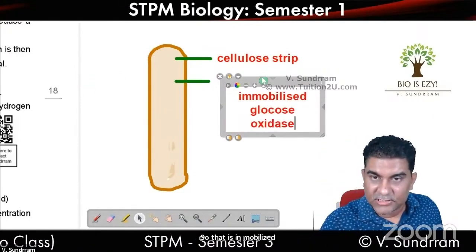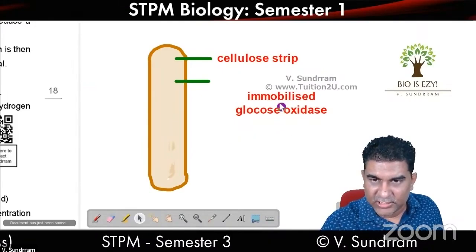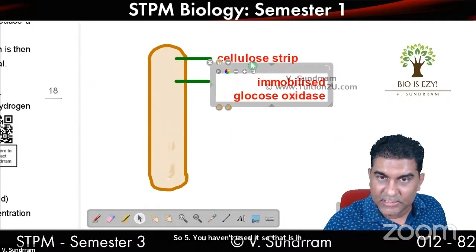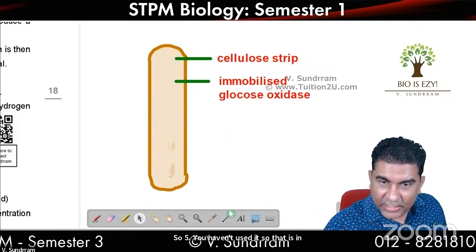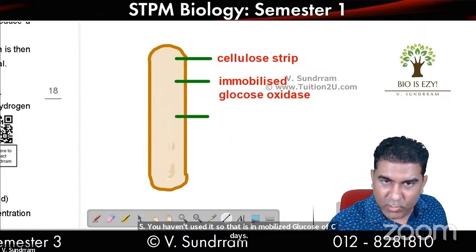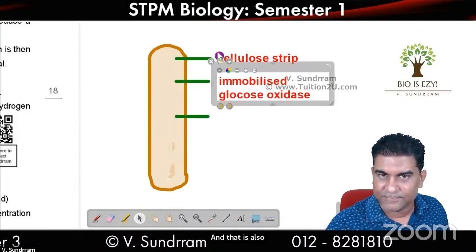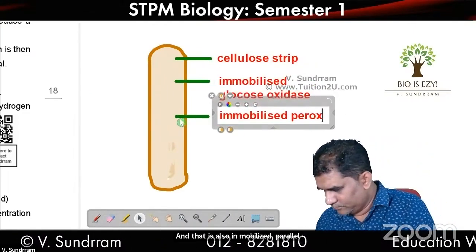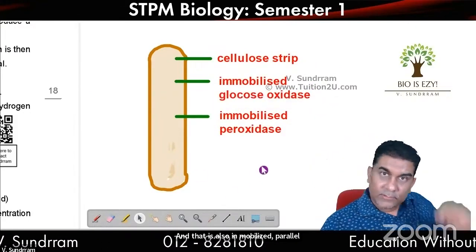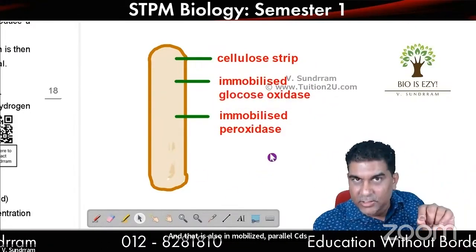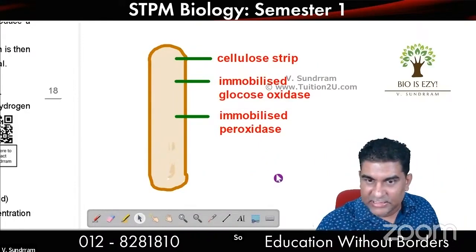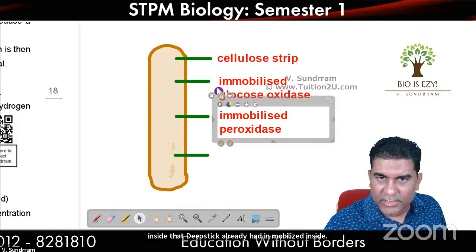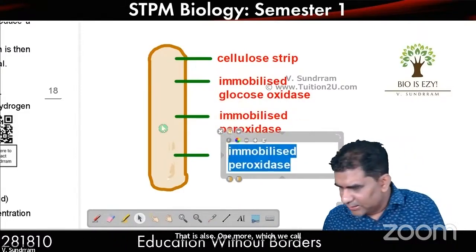There is an enzyme by the name of glucose oxidase. So far you haven't used it. So there is immobilized glucose oxidase, and also immobilized peroxidase. There is also one more, which we call colorless hydrogen donor.